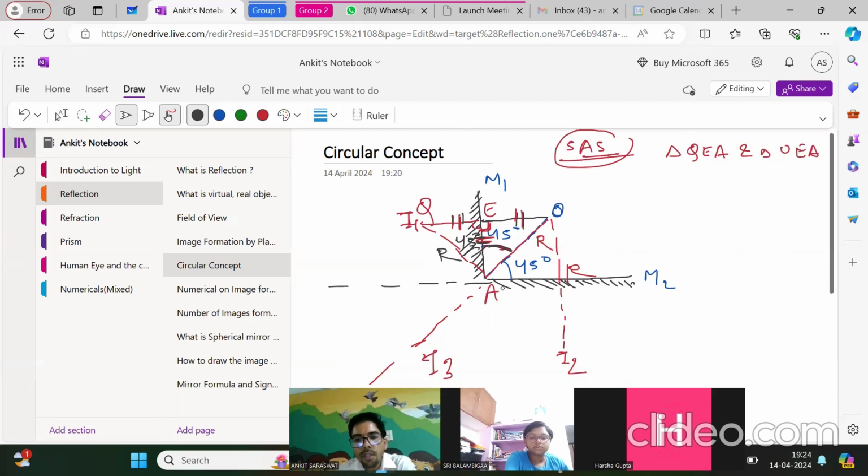So everywhere, this is R, this is R. Did you notice one thing? This is R. This is R. Every image is at a distance R. It means all the images are lying on a circle.